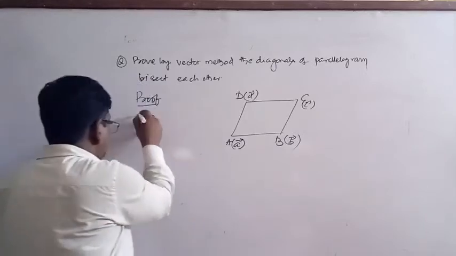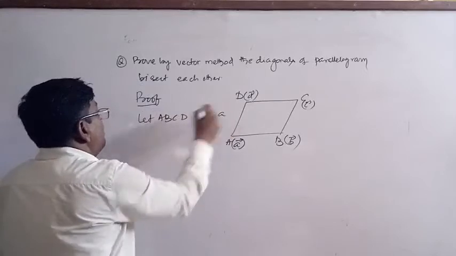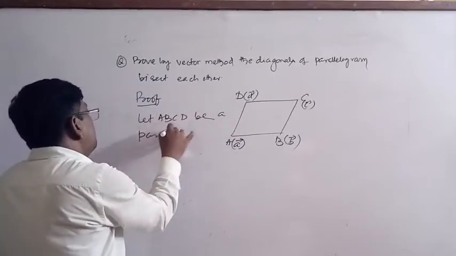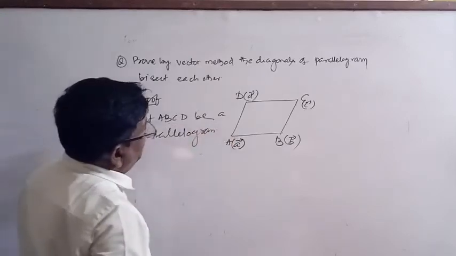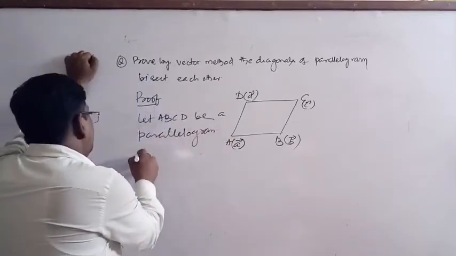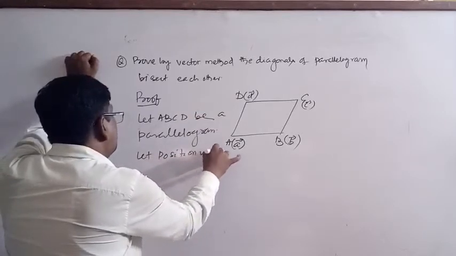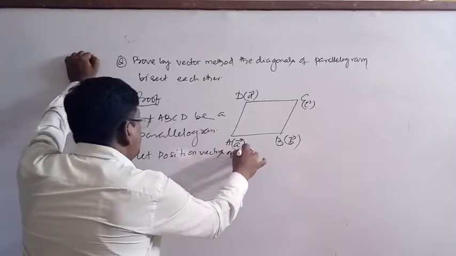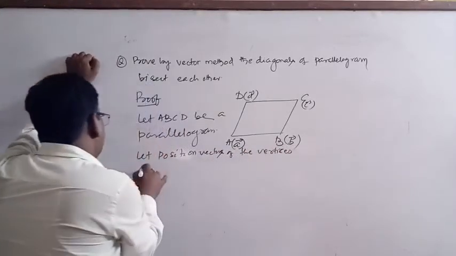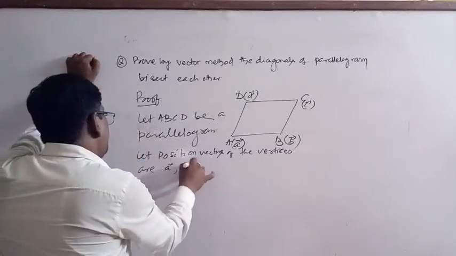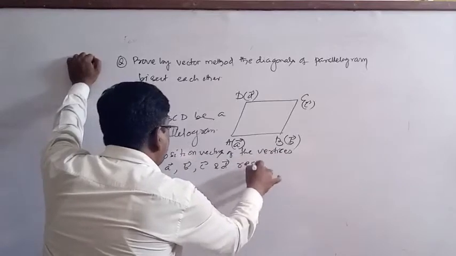Let ABCD be a parallelogram, so let the position vectors of the vertices be A vector, B vector, C vector and D vector respectively.